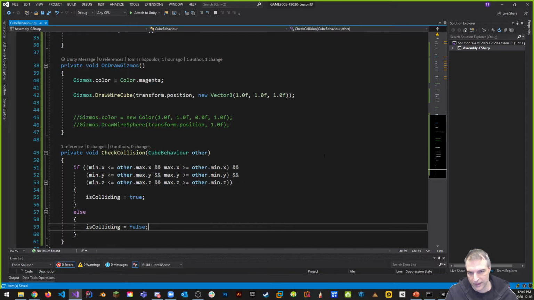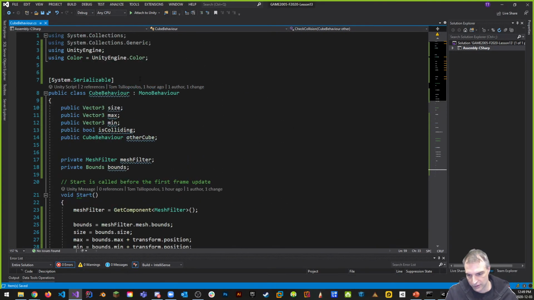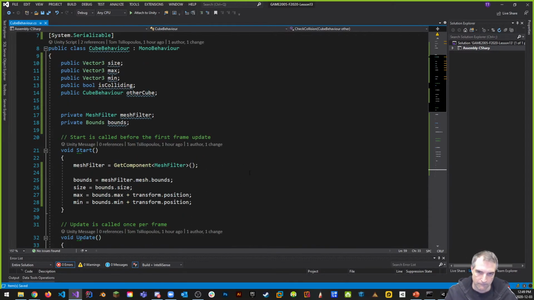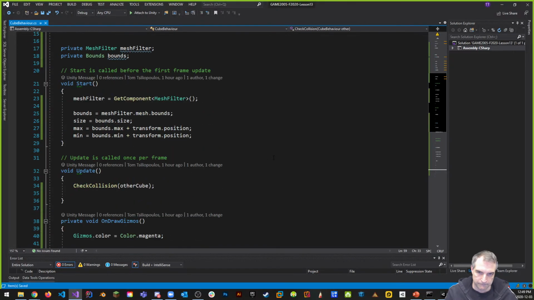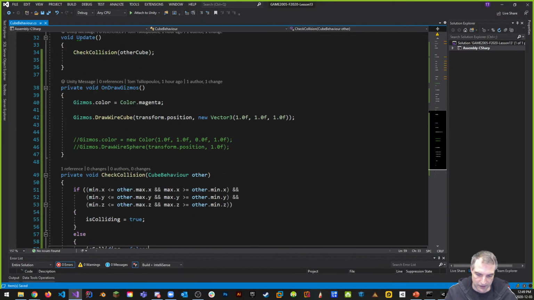System serializable allows us to serialize the entire class so we can use it outside of this file. So max x is this max x, our object. Other is b.